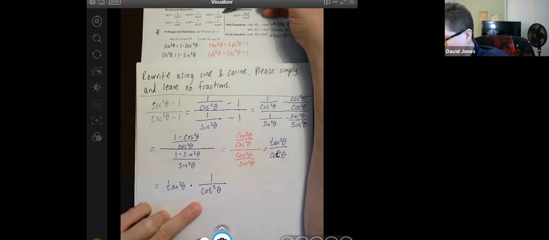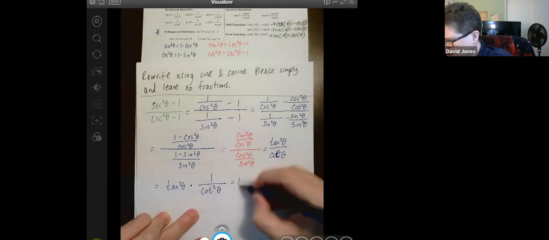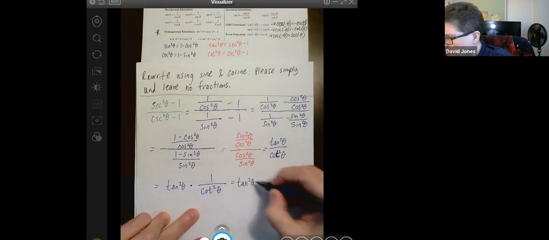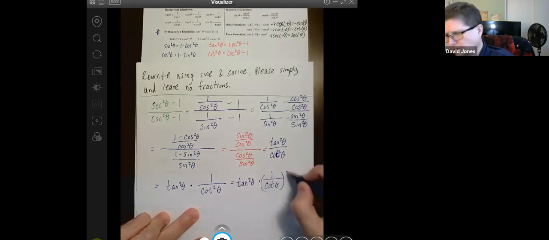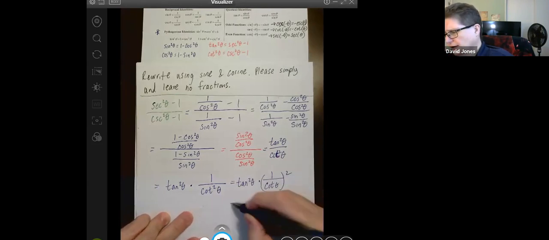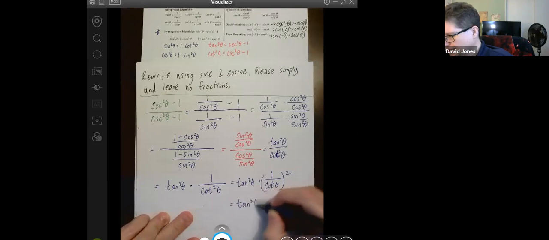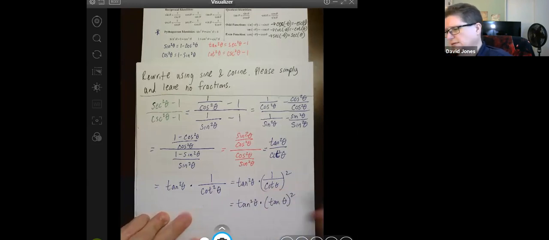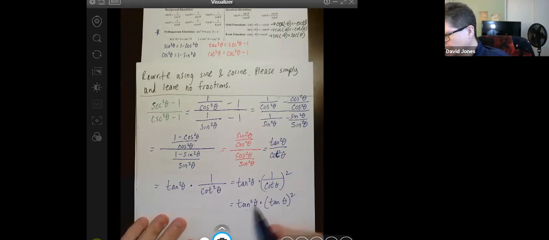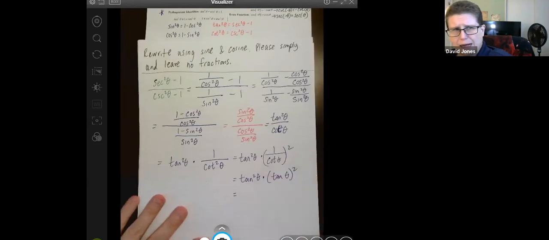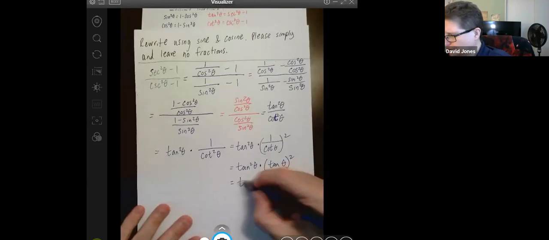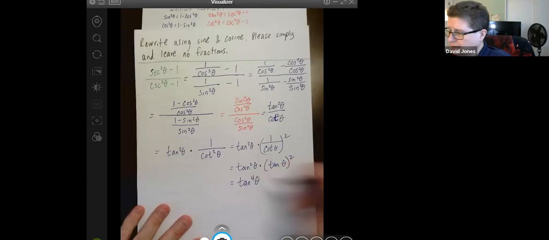Tangent theta equals 1 over cotangent theta. And that is tangent in there. And now we've got tangent squared and tangent squared. This all wraps up into a nice tangent to the 4th power of theta.